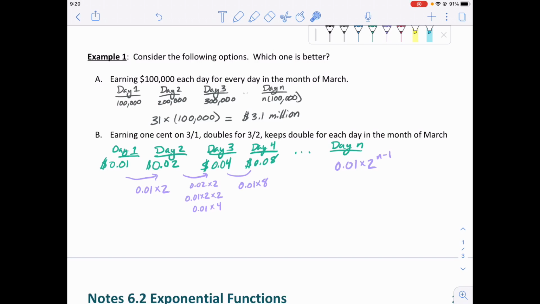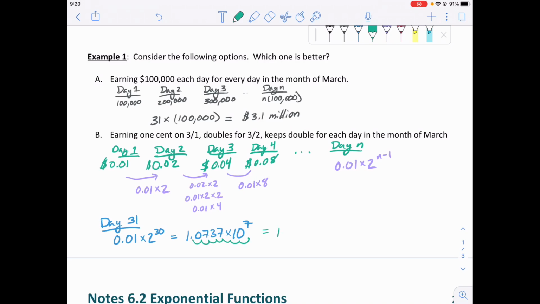So now we can figure out how much we have on day 31. On day 31, we're going to have 0.01 times 2 to the 30th, because we have to do minus 1. And so we end up getting 1.0737 times 10 to the 7th. What does this mean? This means that we move our decimal place back 7: 1, 2, 3, 4, 5, 6, 7.